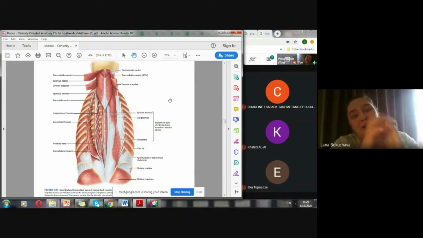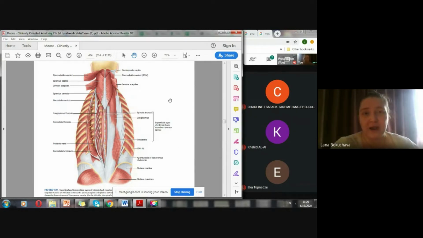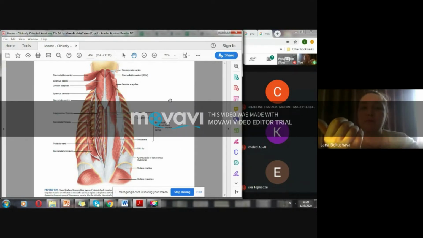So now let's go through some terminology to understand what I'm talking about, because terminology is a little bit complex. It's not difficult, really, just complex a little bit. Look, we have extrinsic muscles. We forgot about them right now because we need only the intrinsic back muscles, yes? Because they are moving the back itself. So we also call them the back muscles proper, all right, or deep back muscles.